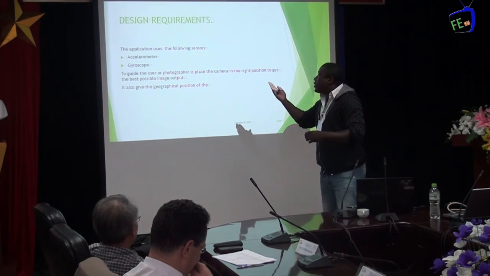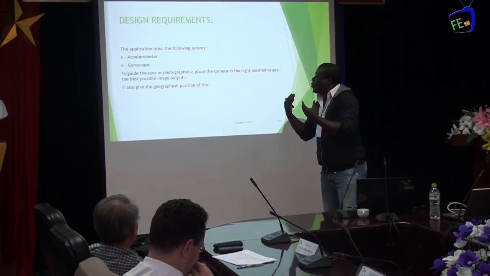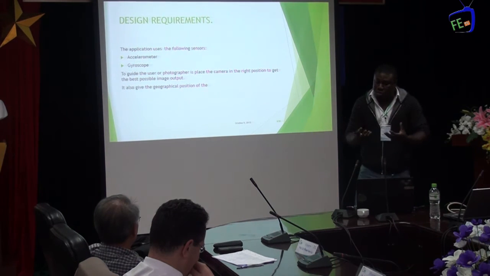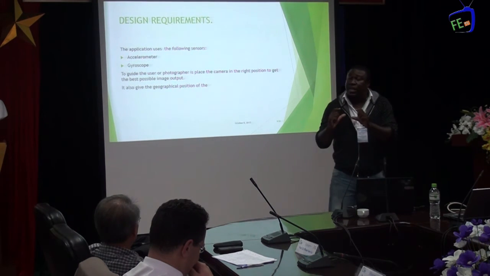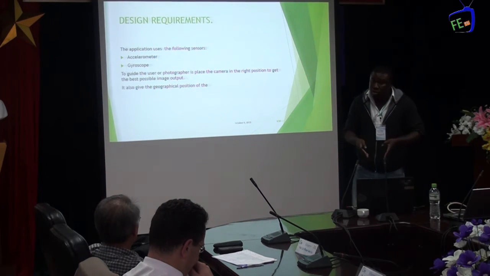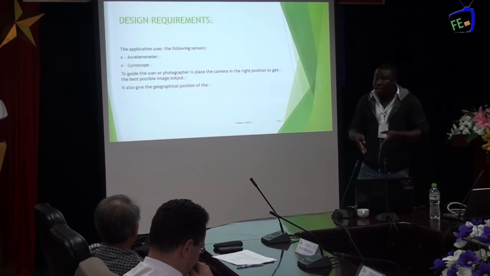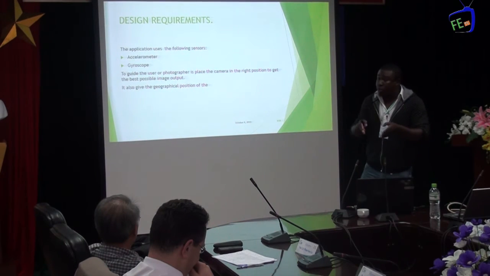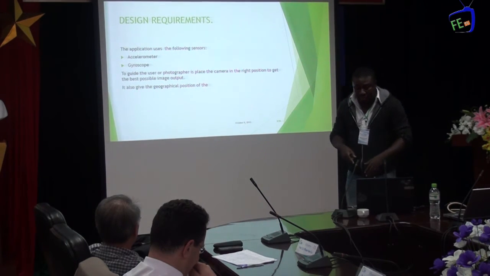The accelerometer we use to tell the user he's going too fast around the object, while the gyroscope takes the position of the user and how he should take the picture at a particular time.